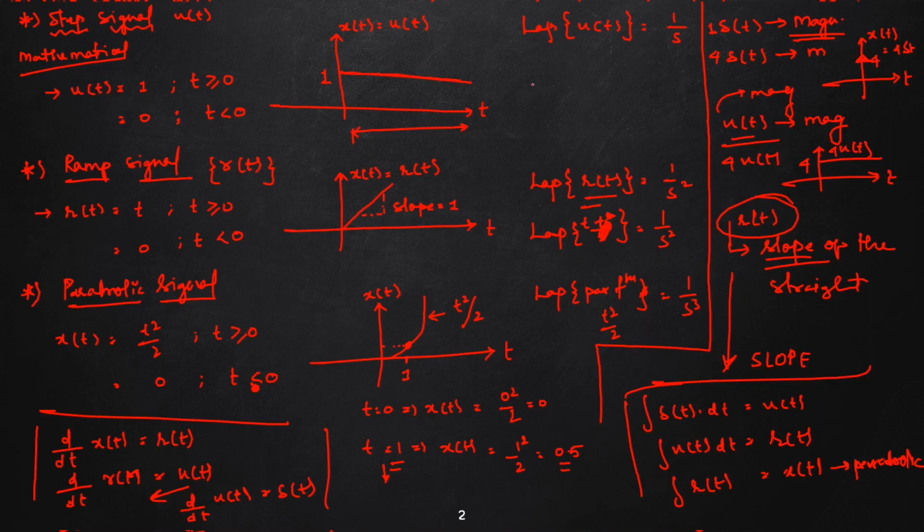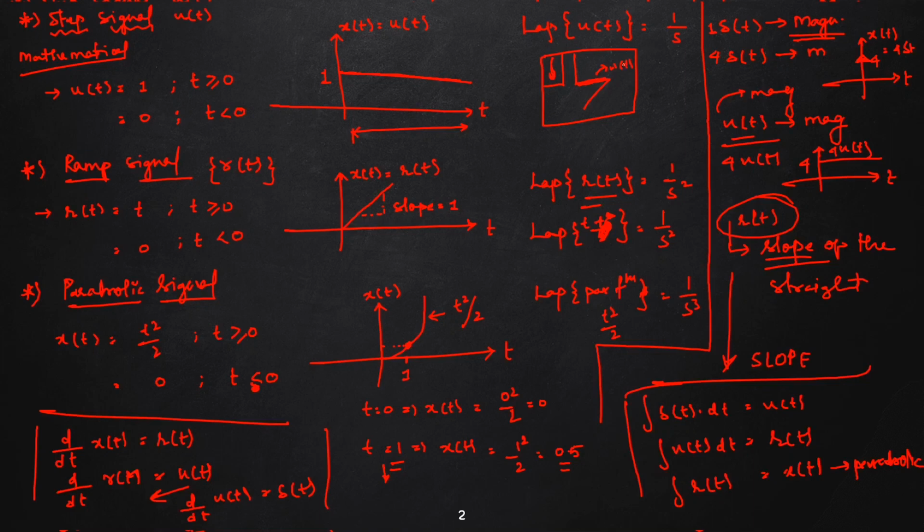How I remember it is, I remember this particular shape, and I indicate it with an integration symbol. So the impulse will be like this. If I integrate this, I will get this line. This line represents u of t, because it is a step signal.